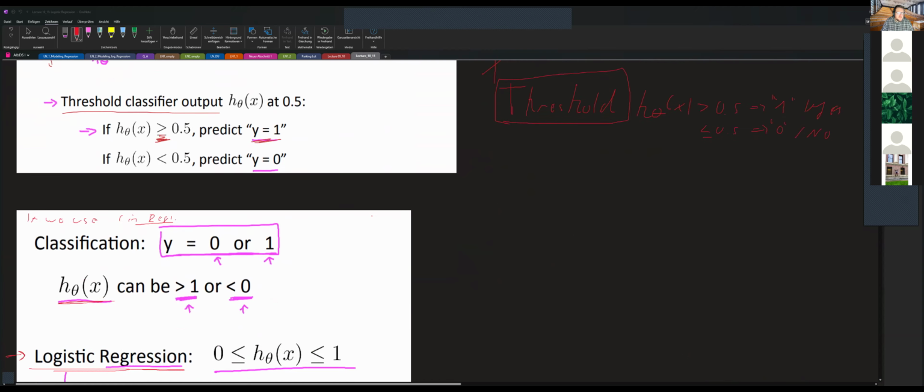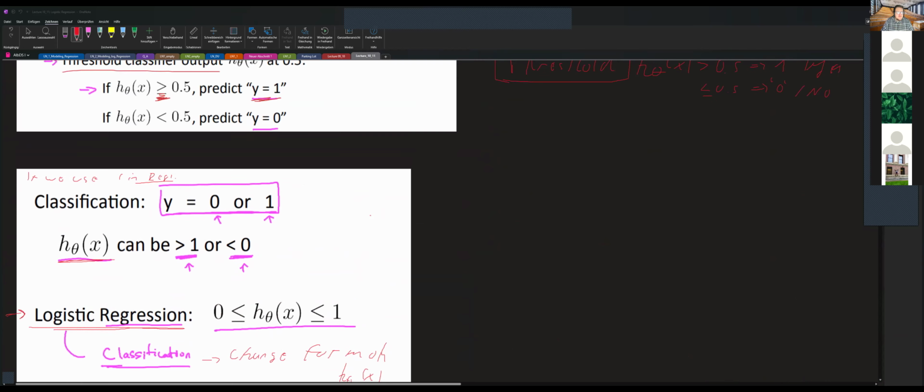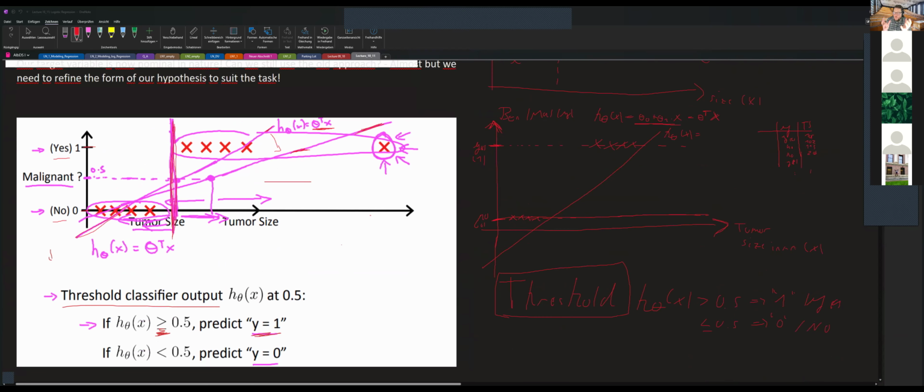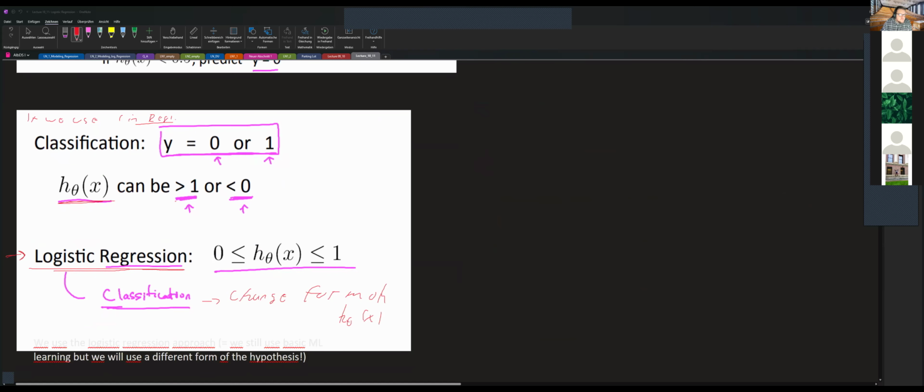But the basic idea is the values the function can take on, right? So the problem is this right here, basically. The linear regression hypothesis can basically take on values from minus to plus infinity, right?